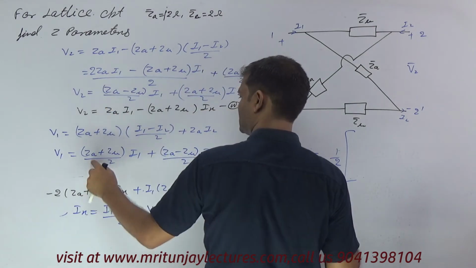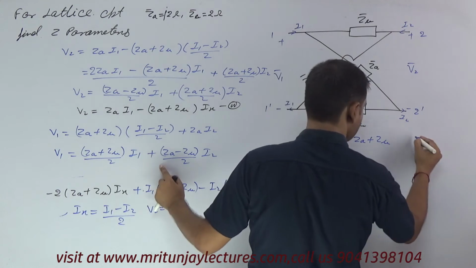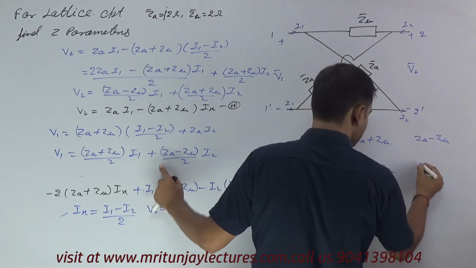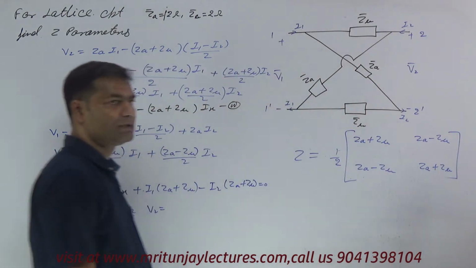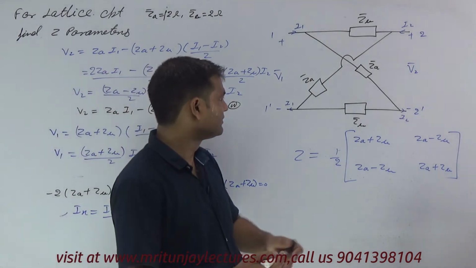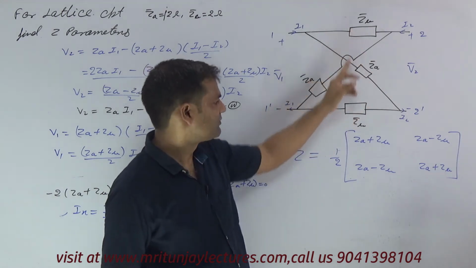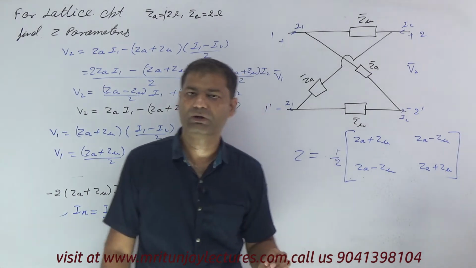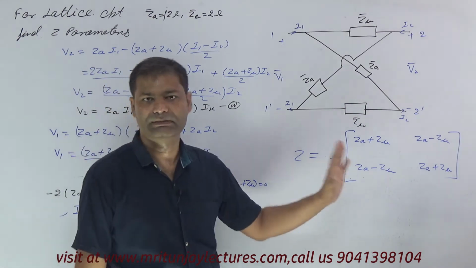We get ZA plus ZB, and here ZA minus ZB, and here ZA minus ZB, and here ZA plus ZB. Very simple. So if the impedance is given as ZA, meaning both impedances are the same, then we get the formula corresponding to this one. If you have the values, then we put them in and find the answer finally.